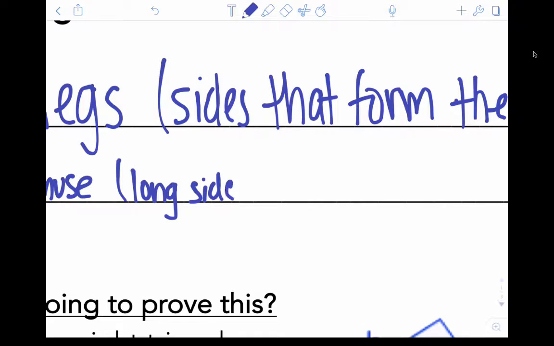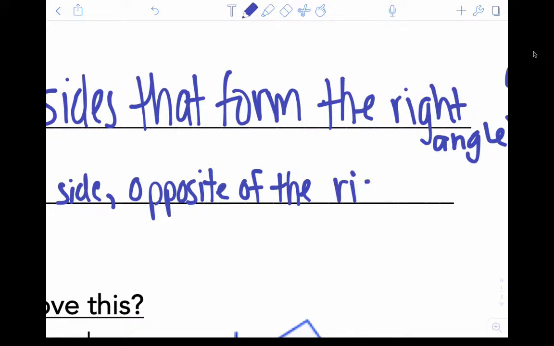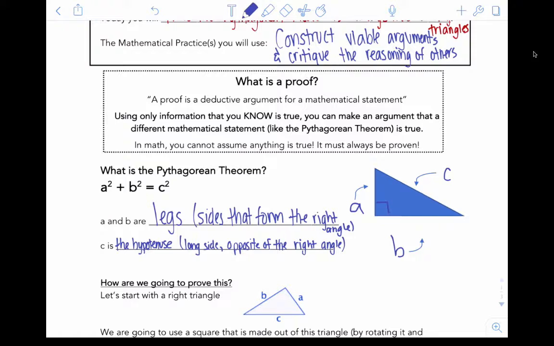It's always going to be the longest side. It's the side that's opposite from the right angle. It's always going to be opposite of the right angle. It's always the shorter sides that create that right angle, and the longer side, that's the hypotenuse.